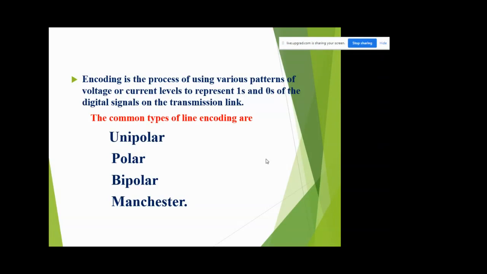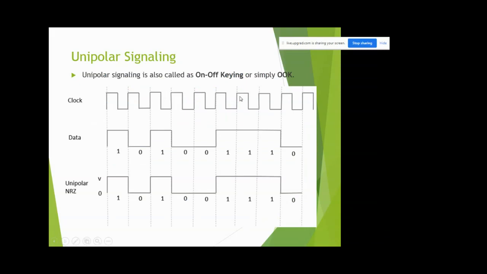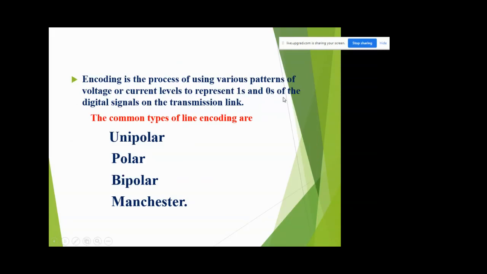So basically the data format is nothing but the encoding process of using various patterns of voltage or currents to represent the ones and zeros of the digital signal on a transmission line. So as I said, simply encoding or data formatting is to represent plus voltage, minus voltage, zero voltage for bit 1 and bit 0.